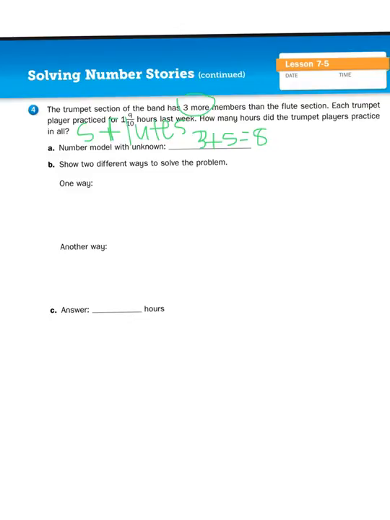And then each trumpet player practiced for 1 9/10 hours last week. So to figure out how many hours they practiced altogether, we're going to multiply the number of trumpet players times how many hours they practiced. So we're going to do 8 times 1 9/10.